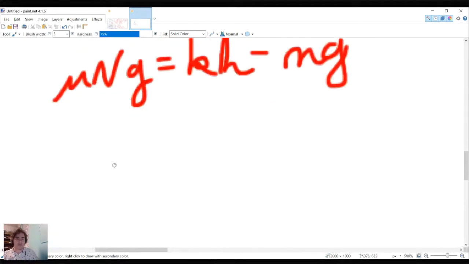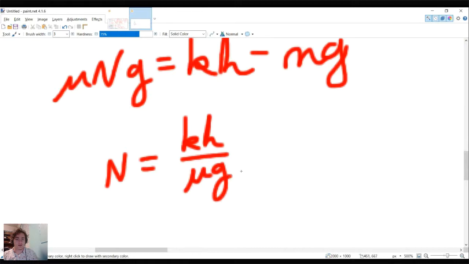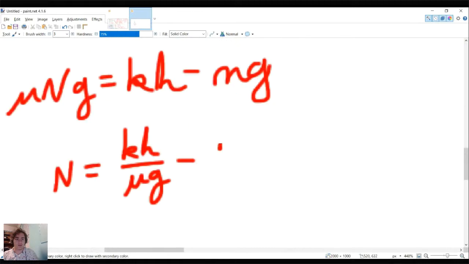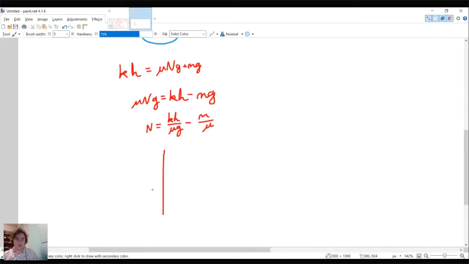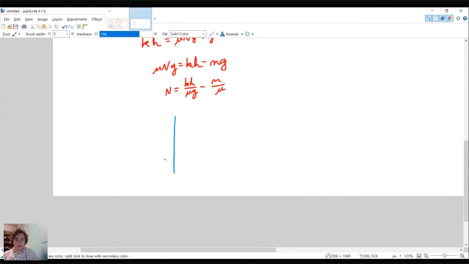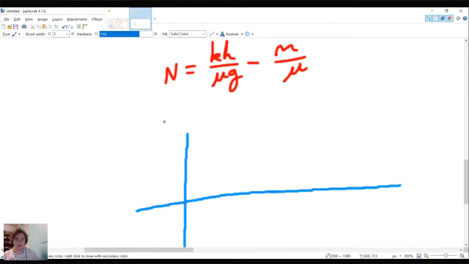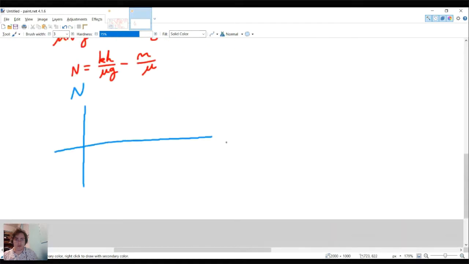So dividing everything by mu g, we get n is k h over mu g minus m over mu. And you get a very similar looking graph. Let's see, n versus h.